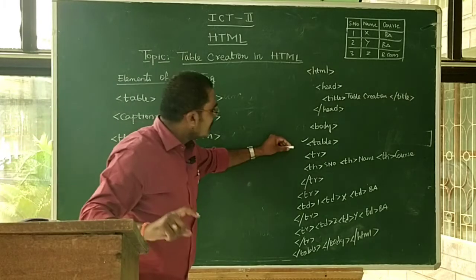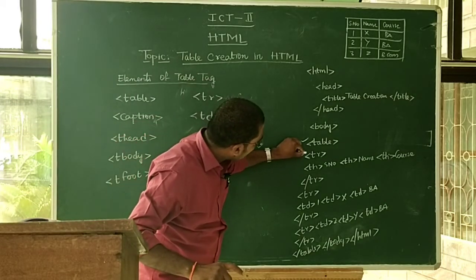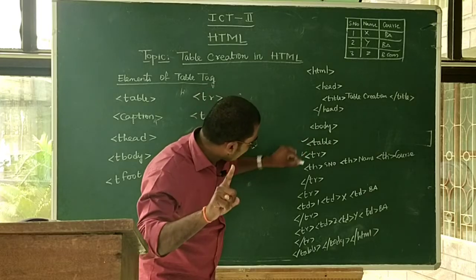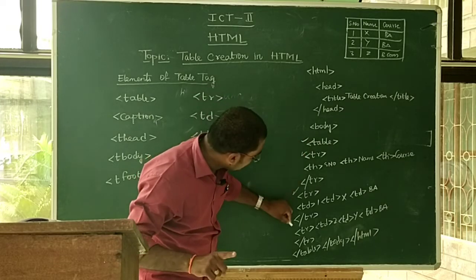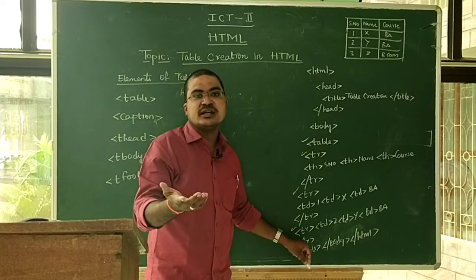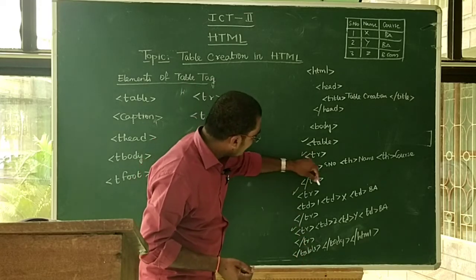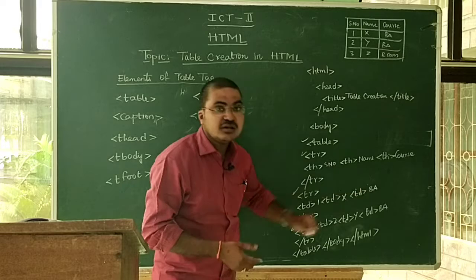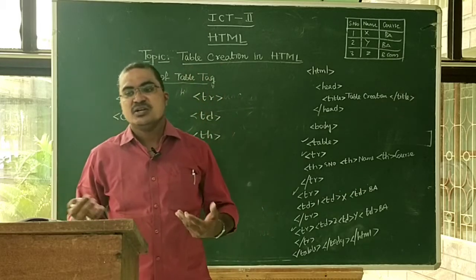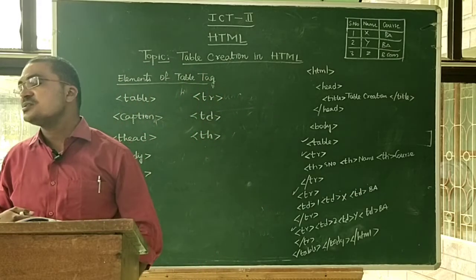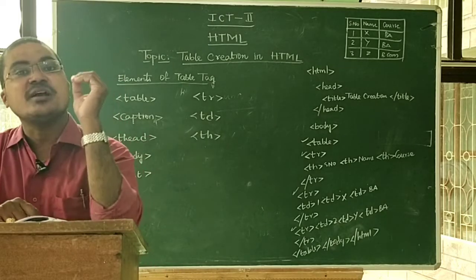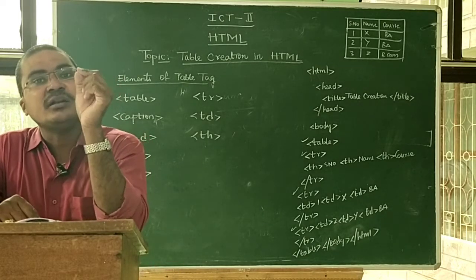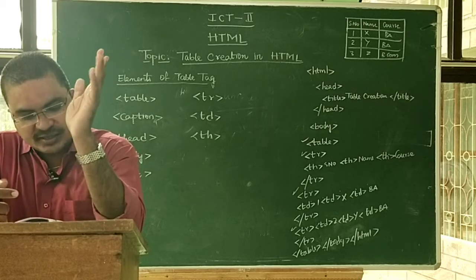If you use the TR tag, one new row is created. The second time I use the TR tag, the second row is created. Then with the third TR tag, the third row is created. And however many TD tags are used, that number of columns is created. So the number of rows and columns depends on TR, table row, and TD, table data.